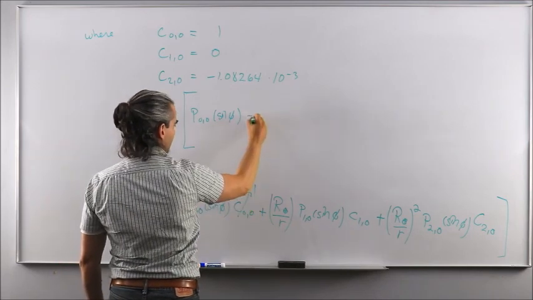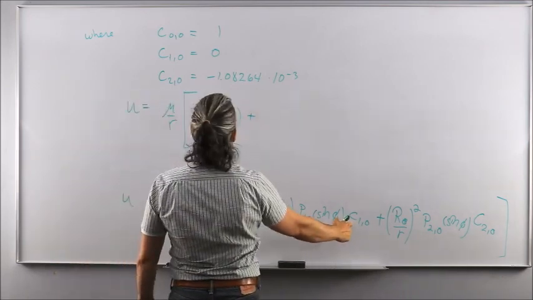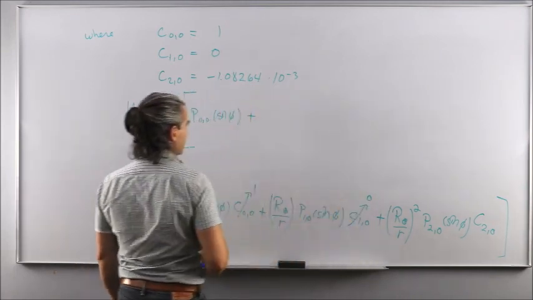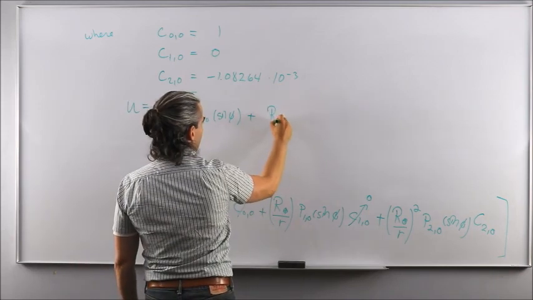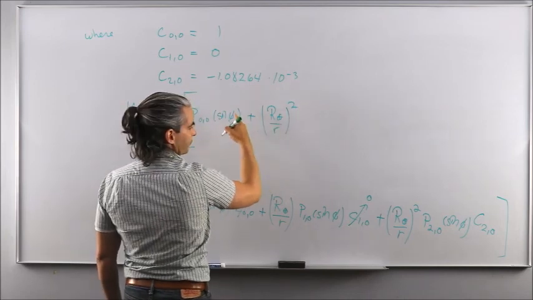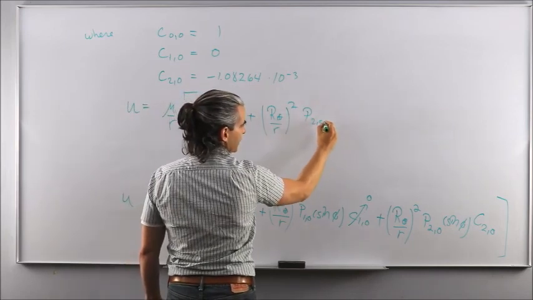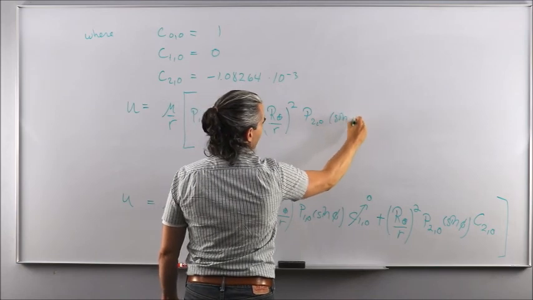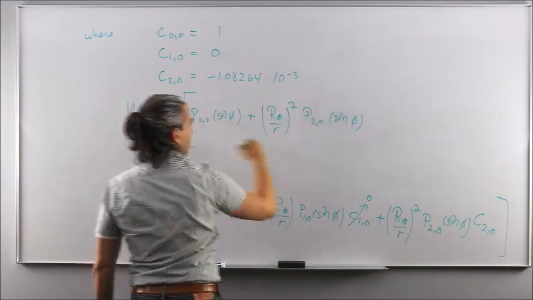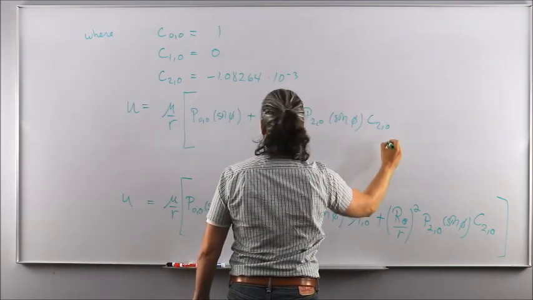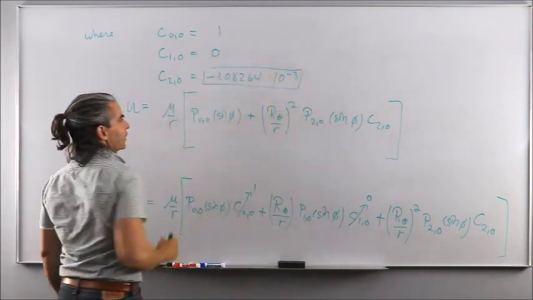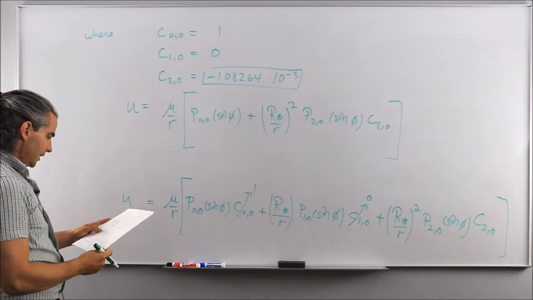This is 1, plus your C1,0 is 0, so that cancels this term altogether, plus r Earth over r distance squared, P2,0 function of sine phi. And I'm just going to rewrite this constant as C2,0 for now, because I don't want to keep playing with this numerical value all over again. But this is what we get.